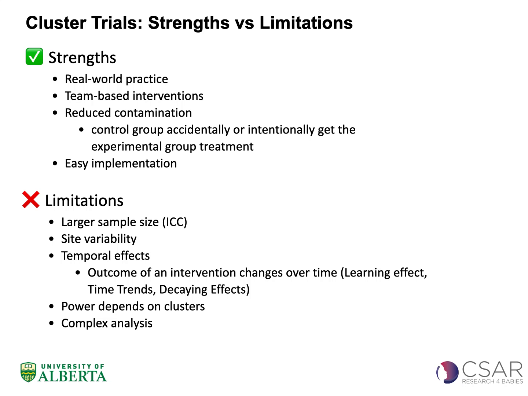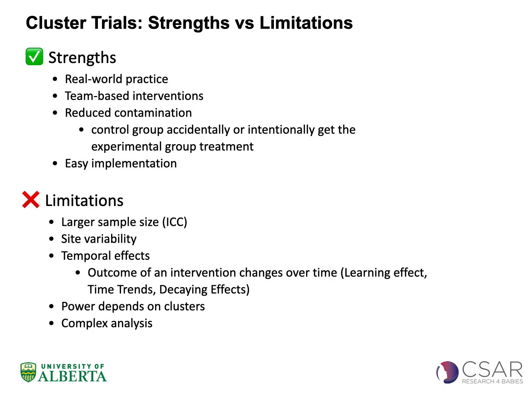These are in general team-based interventions, like oxygen or cord management, and not individual interventions. It has the potential to reduce contamination because, as I said, you change your hospital standard of care or your hospital policy, so that the control group accidentally or intentionally getting the experimental group treatment is less likely.